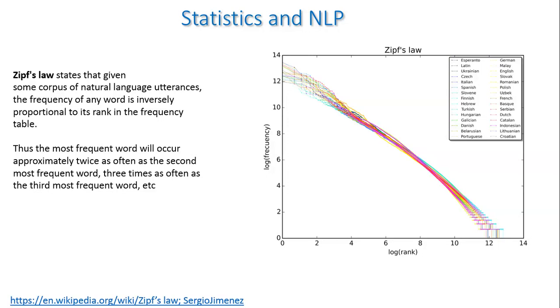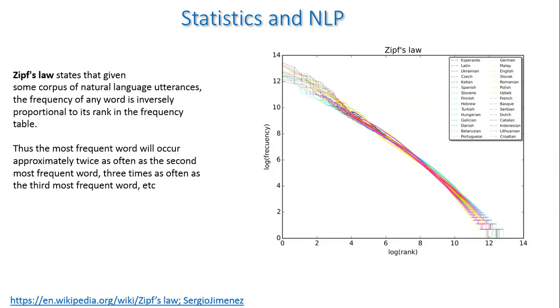Now, this is a statistical law. The fact that we call it a law says that we don't understand why it is true. But there are some statistical regularities to most human languages. I have listed some here. Of course, English is one of them, and you can see that they all obey Zipf's law here.